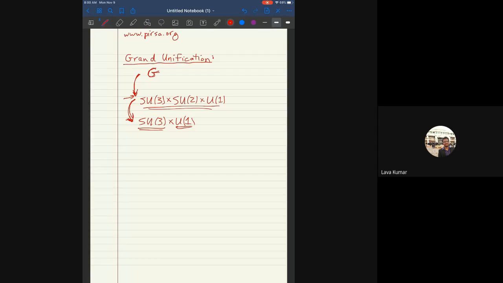And they found two very beautiful options. Well, let's say they found several very beautiful options. One option was SU(5), which was found by Georgi and Glashow.